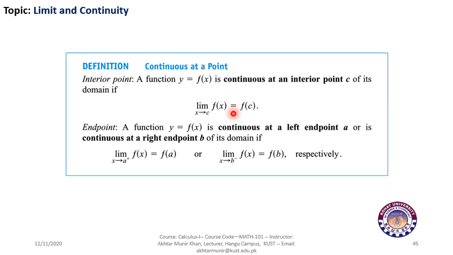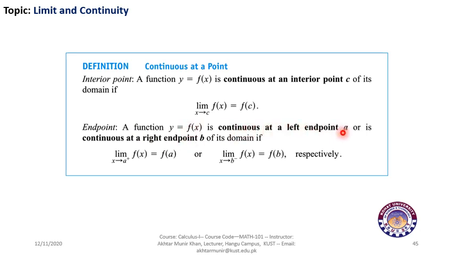If these two values are the same and finite, then we say that the function is continuous at this point.